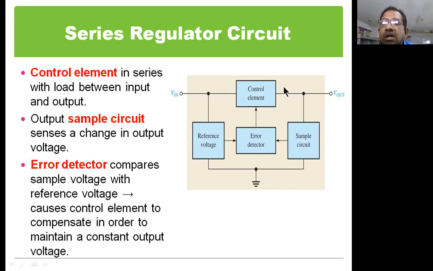So if you decrease the current flowing through the load, in proportion to the increase in the output voltage, then the output voltage is set back to the original value, which is equal to the reference voltage. Thereby we can compensate the output voltage. That is the basic operation of the circuit.